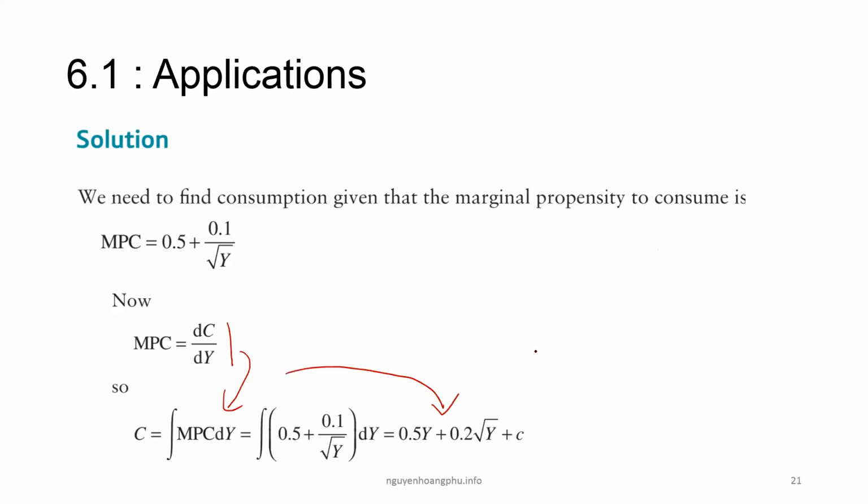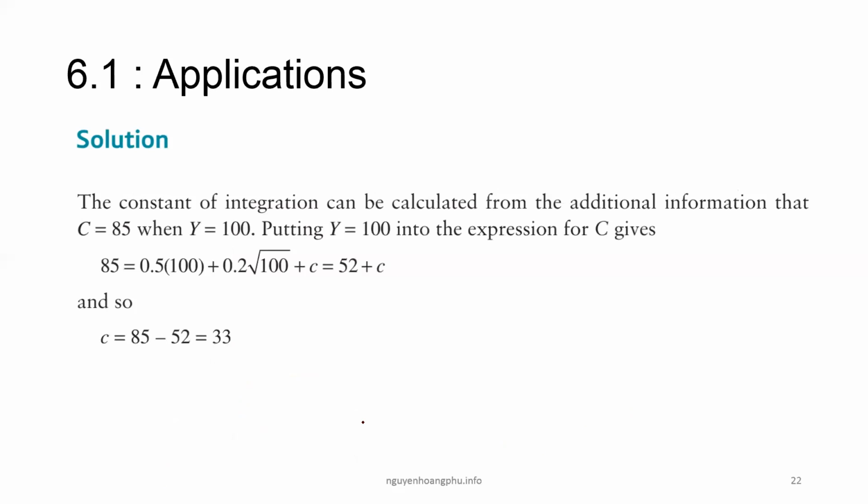So you substitute here. It means C is going to be 85 when Y is equal to 100. From here we can find the constant C. We substitute capital C and Y inside, so we have C equal to 33. Okay.